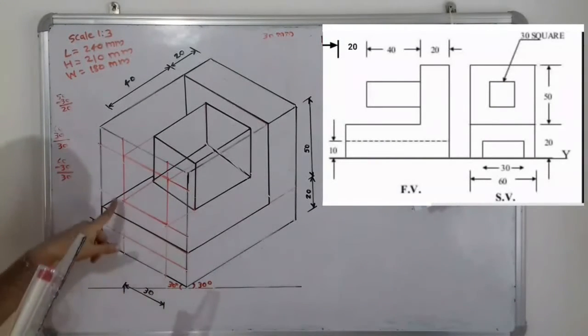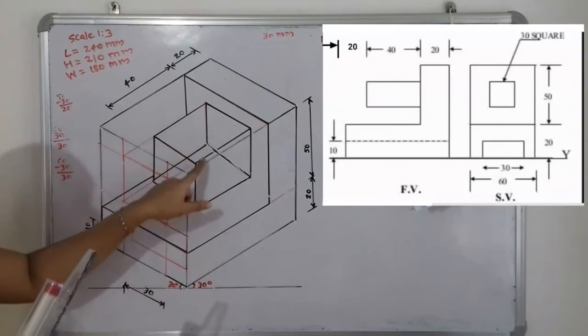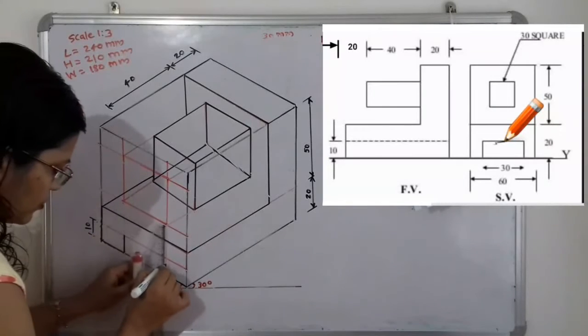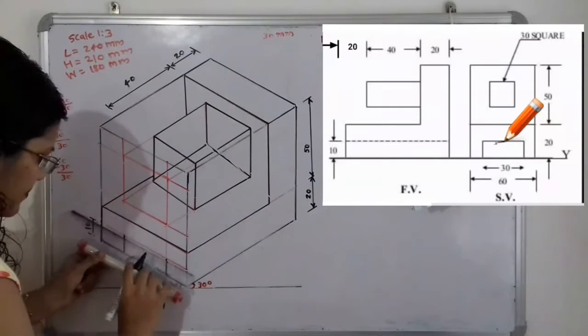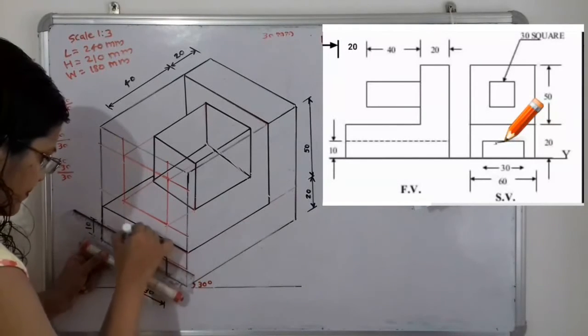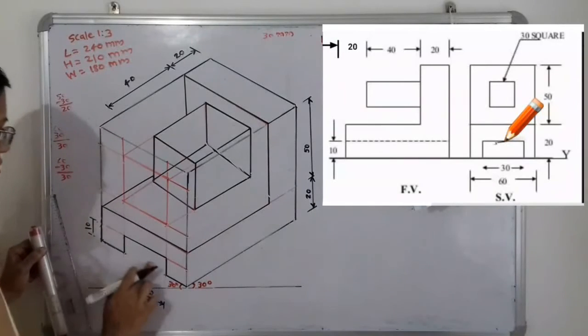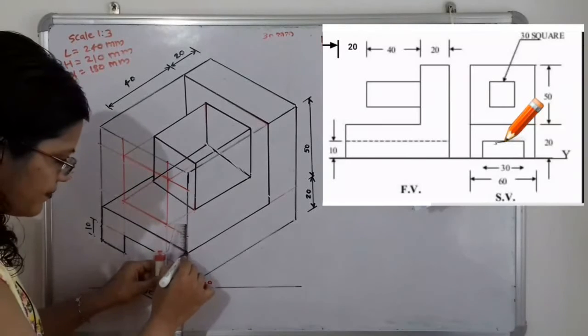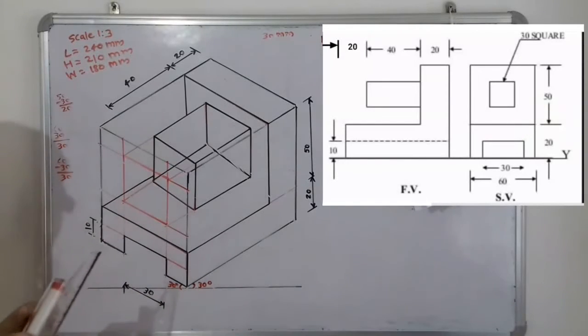So if we observe, this is the base and here is the extension of the block. Now here is also the gap which we have to show. So here is the gap. So these lines are not necessary. So in this way the projection is getting completed.